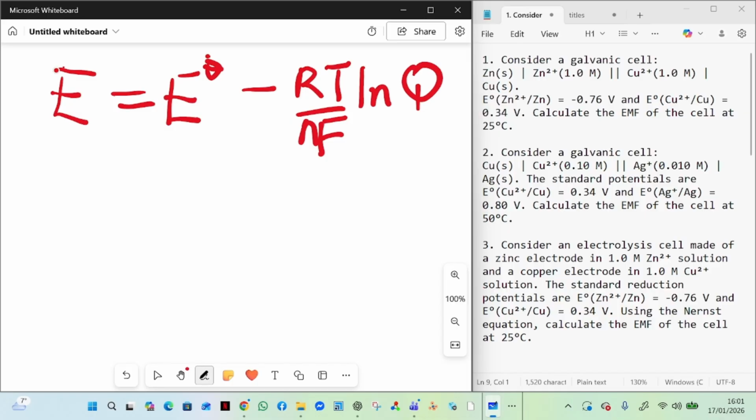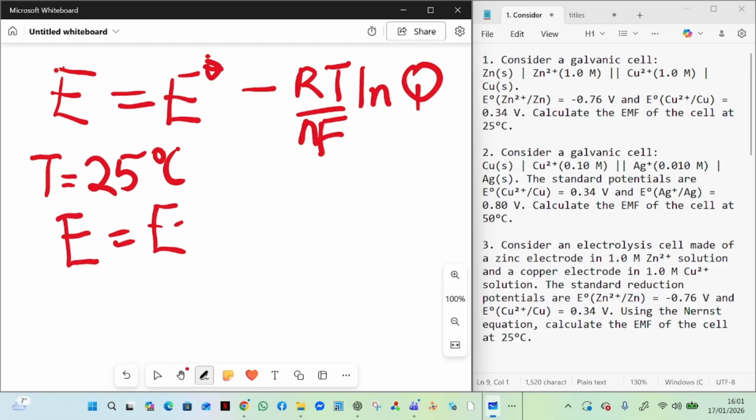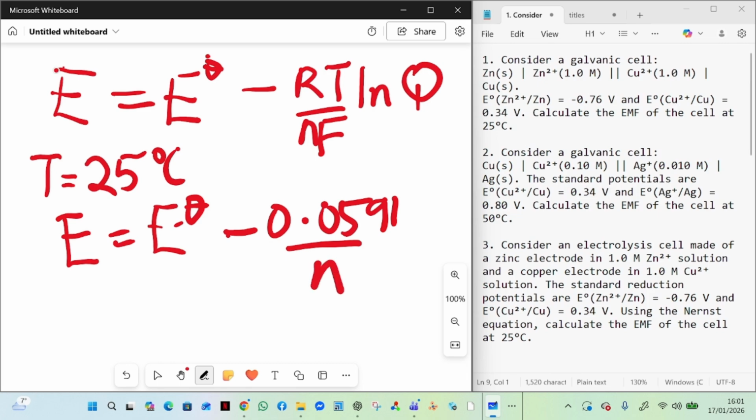We came to the realization that at temperature equal to 25 degrees Celsius, we can further simplify the constants to give us E equals E naught minus 0.0591 over n log Q, meaning RT over F has been dealt with.